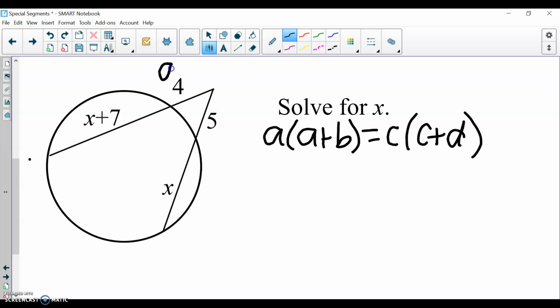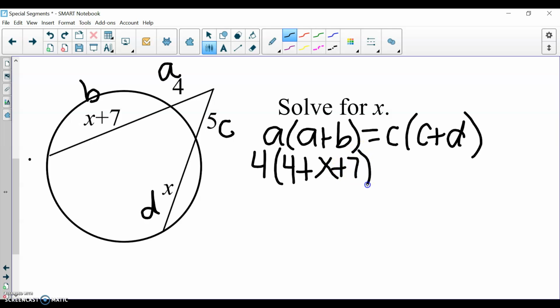So we can maybe let 4 be little a, 7 little b, 5 is little c, x is little d, and then substitute. So we will end up with 4 times 4 plus 7 equals 5 times 5 plus x.